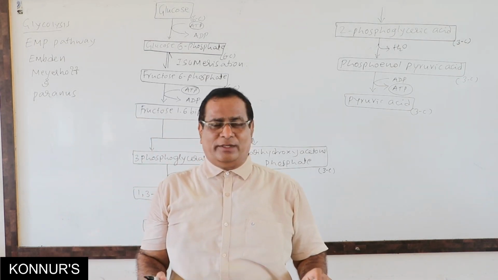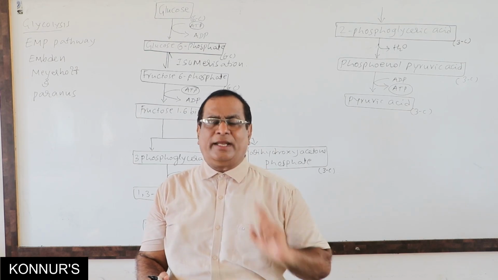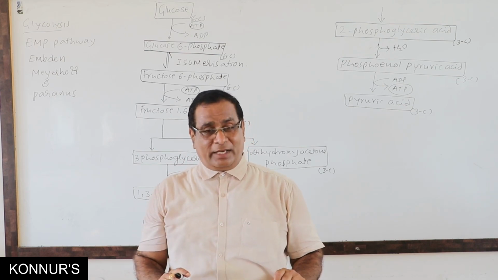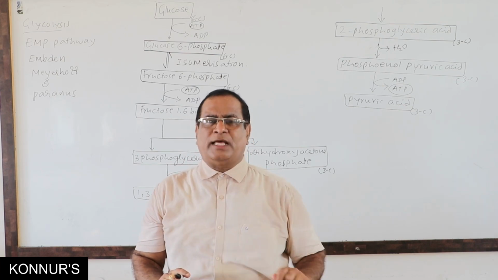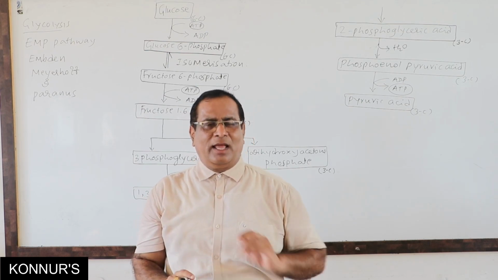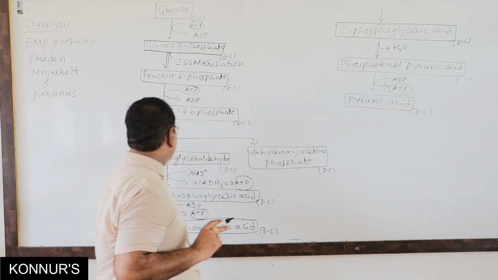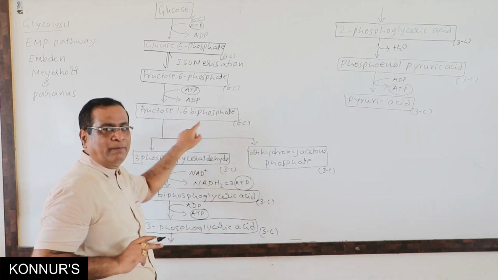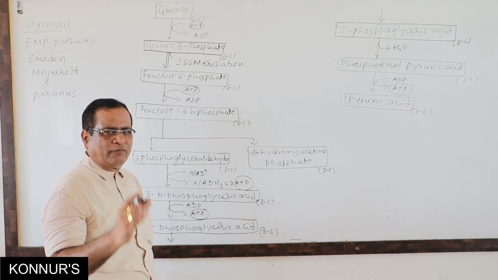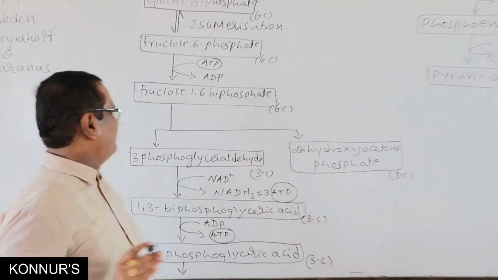Already I have told, if just one phosphate group is there in any organic compound, that is on the last carbon. In case 2 phosphate groups are present, one is on the last carbon, another is on the first carbon. Hence the name fructose 1,6-bisphosphate.